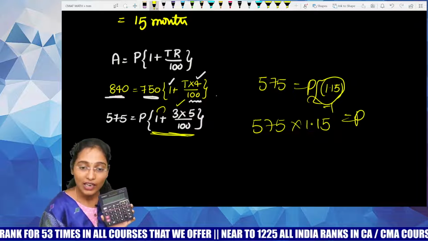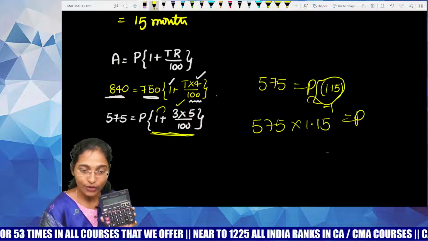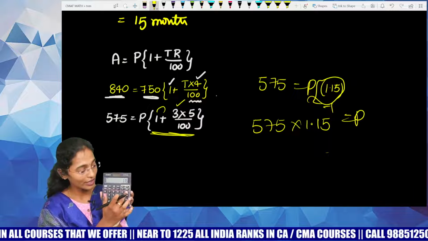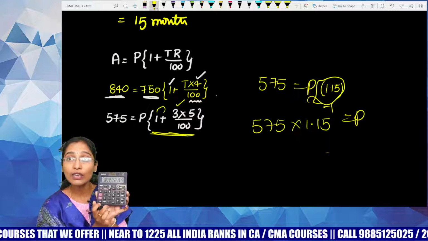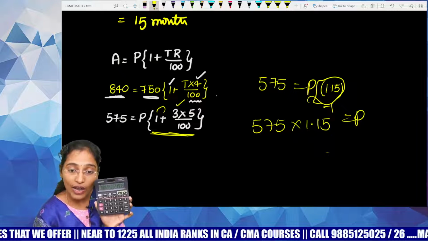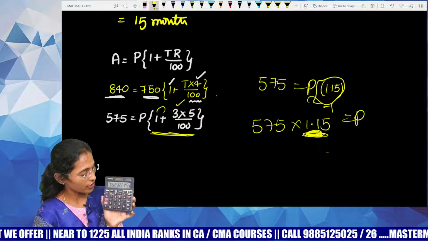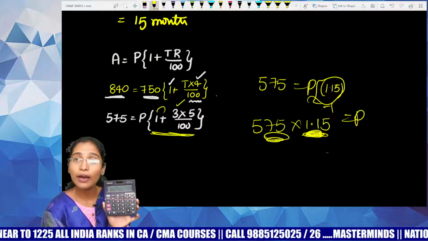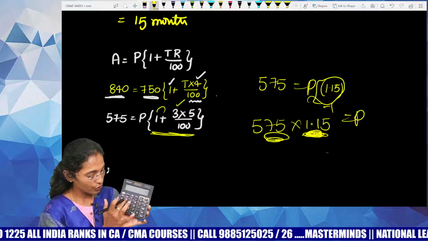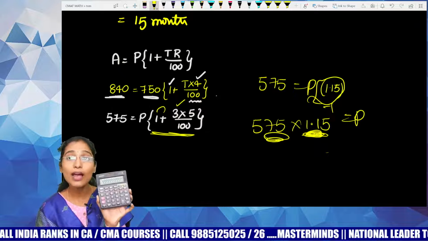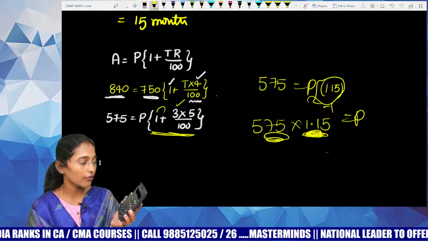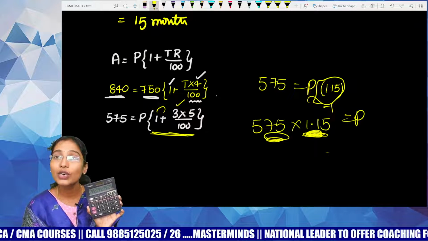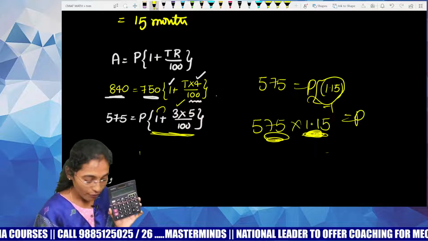To calculate this 1.15 inverse, use the symbols divided by and equals to. First divided by and then equals to. So you have 1.15 whole inverse, which is 0.86956. That is to be multiplied by 575. My answer is 499.99, which means it is approximately 500.